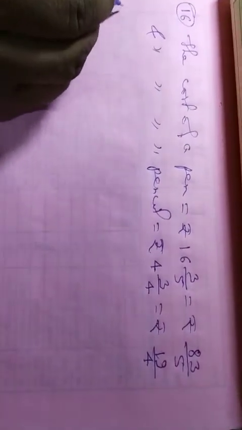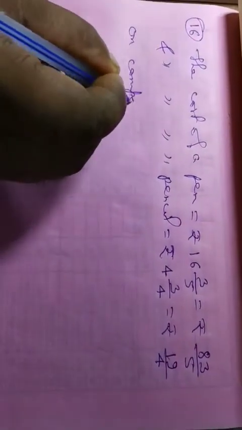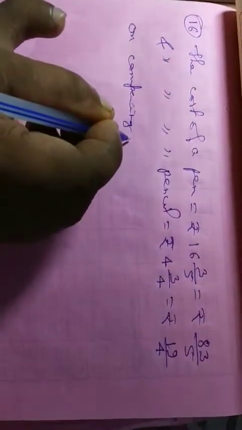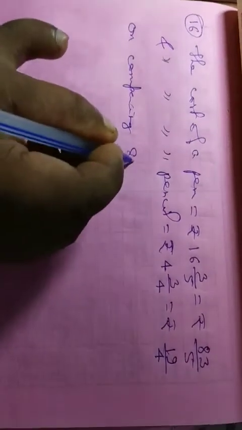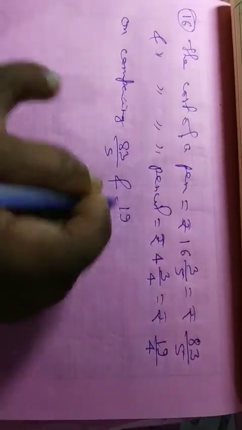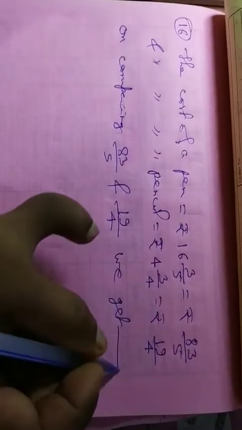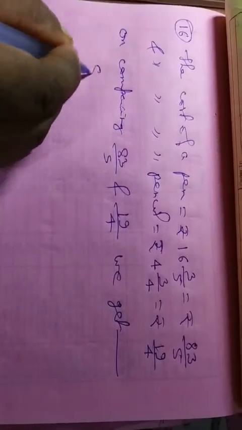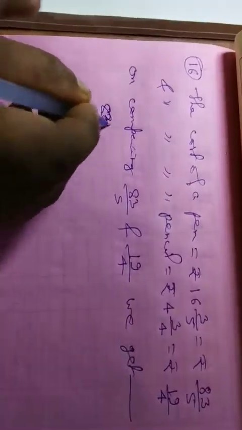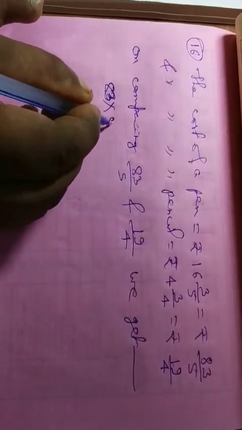For this we compare these two. On comparing 83 by 5 and 19 by 4, we have two methods. Just convert into like fractions, or use the cross multiplication method.